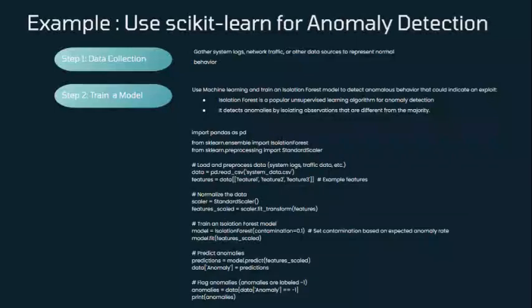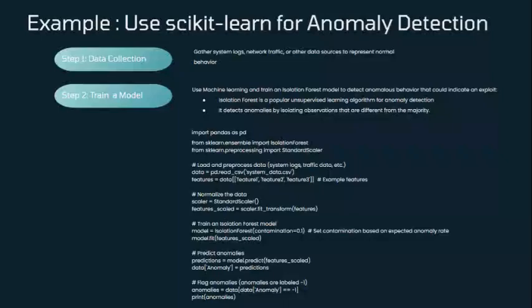And if you see in the example, I'm using the Python libraries like scikit-learn, TensorFlow, PyOD, and Pandas, and NumPy. These are the libraries that can be used for anomaly detection for a 0 day exploit. And in my code, I'm using the isolation forest model, which is great for detecting anomalies in data.